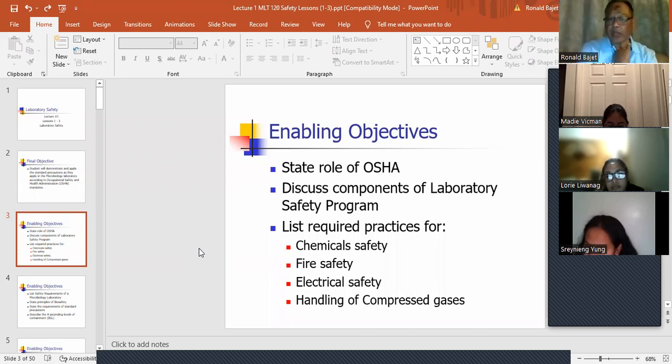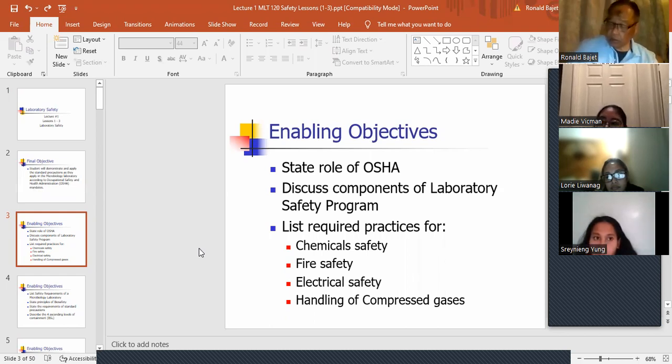Anybody have any idea of how much a safety violation costs the organization if you throw broken glass into regular trash as opposed to a sharps container? Somebody take a guess.